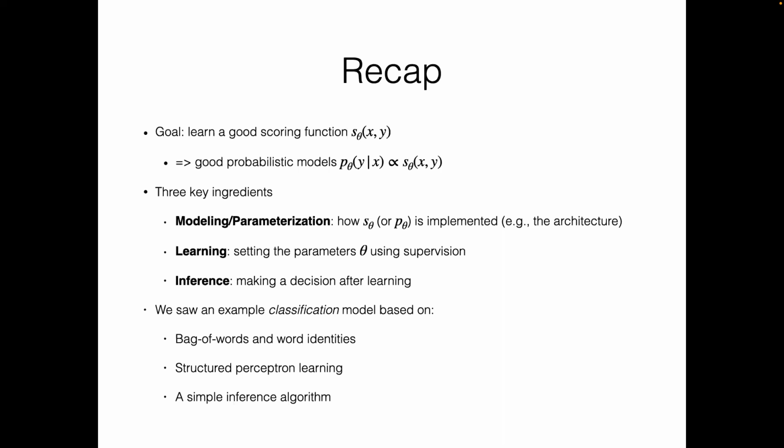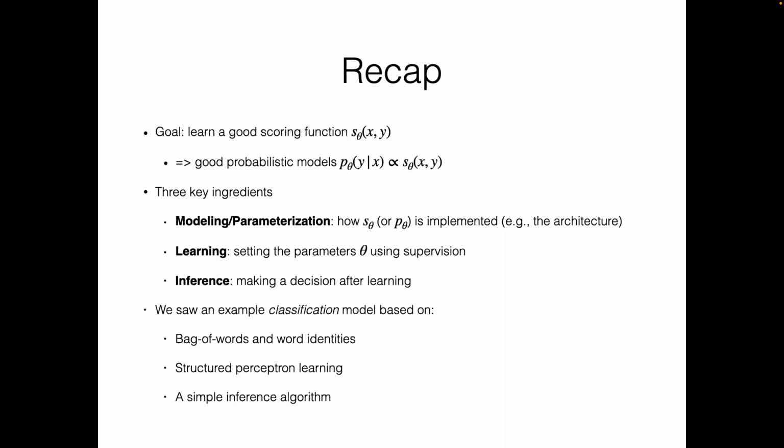Then briefly, we saw this algorithm called structured perceptron. We won't go into that anymore, but you saw that it trained really fast, and then you get a model at the end. To actually make a decision with the model, you use the simple strategy of taking the highest scoring class. So that's what we covered last time.